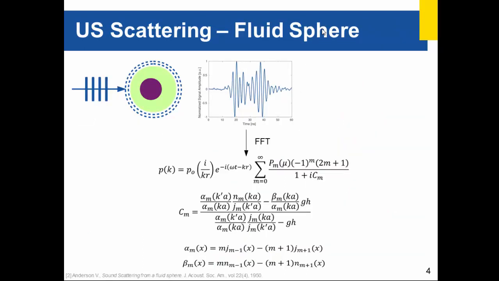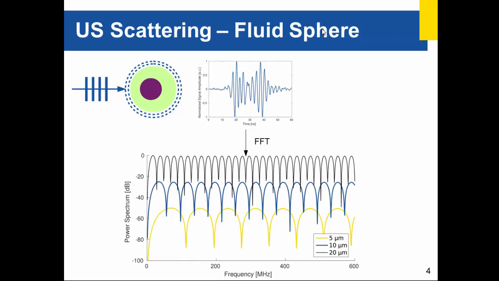So when the ultrasound beam hits the cell, there's a backscatter signal from it. If you take the FFT of that, the theoretical equation for the backscatter is given by this. If we plot the power spectrum versus the frequency, we will see that the power spectrum has lots of maxima and minima, and the distance between these maxima and minima depends on the radius of the object which is scattering the sound.